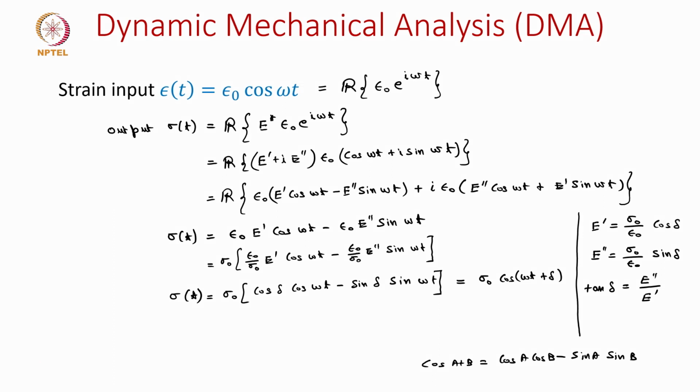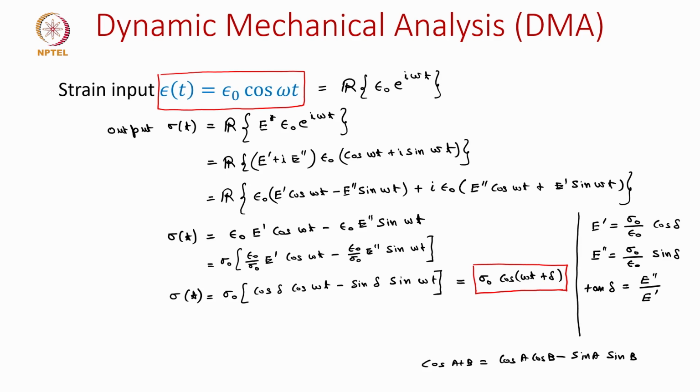So, what we are able to show is that for this given input, the output is written in terms of sigma naught times cos omega t plus delta. As we can see, both have the same frequency, the only difference is a phase shift given by this delta.